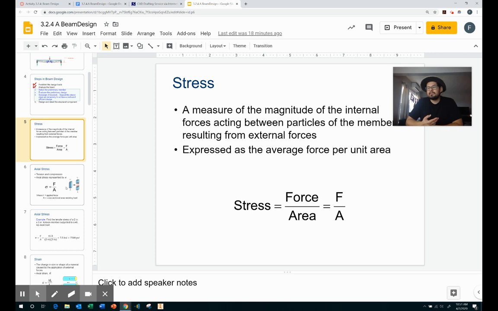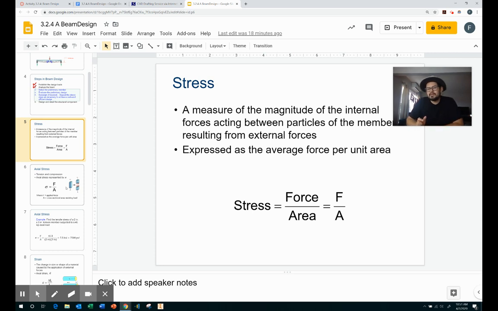Stress is a way for us to compare apples to apples when it comes to force on a member. So if I have a thin metal rod versus a thick metal rod, and they're both made of steel, well, the strength of steel is equal whether it's thin or thick. However, because this steel member is now thicker, it is going to have a higher force that it can withstand before it fails.